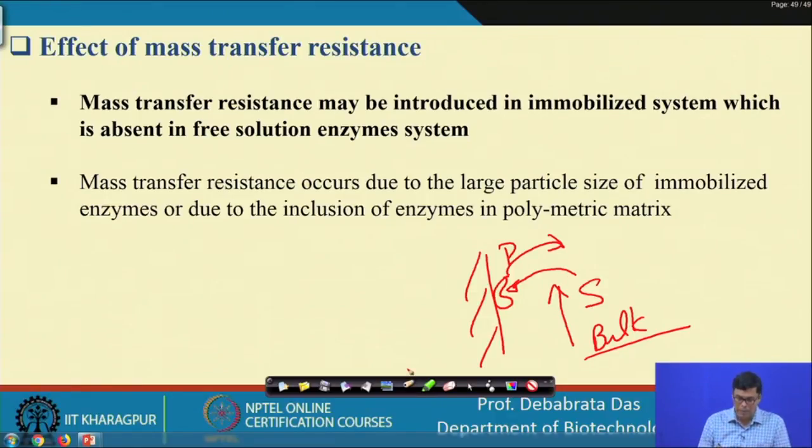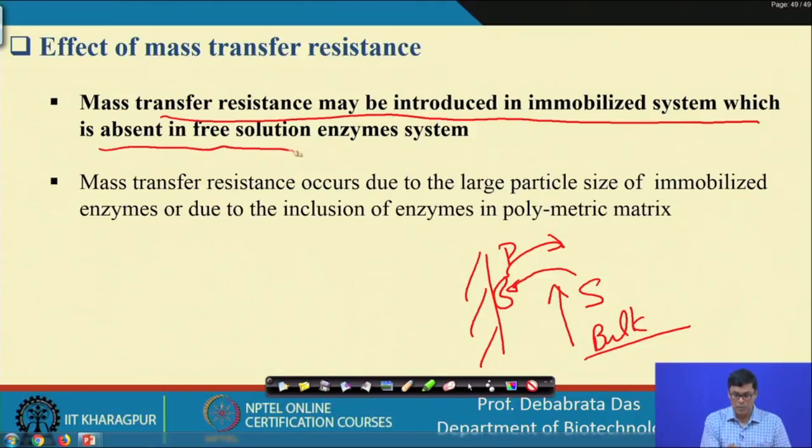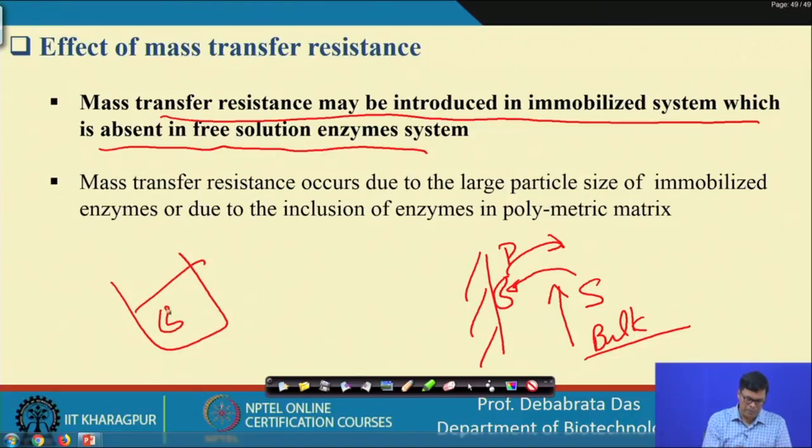So, what I have pointed out here is that mass transfer resistance may be introduced in the immobilized system, which is absent in free solution of the enzyme. In case of solution, enzyme and substrate freely interact with each other, but as soon as you immobilize the enzyme, they do not freely interact.